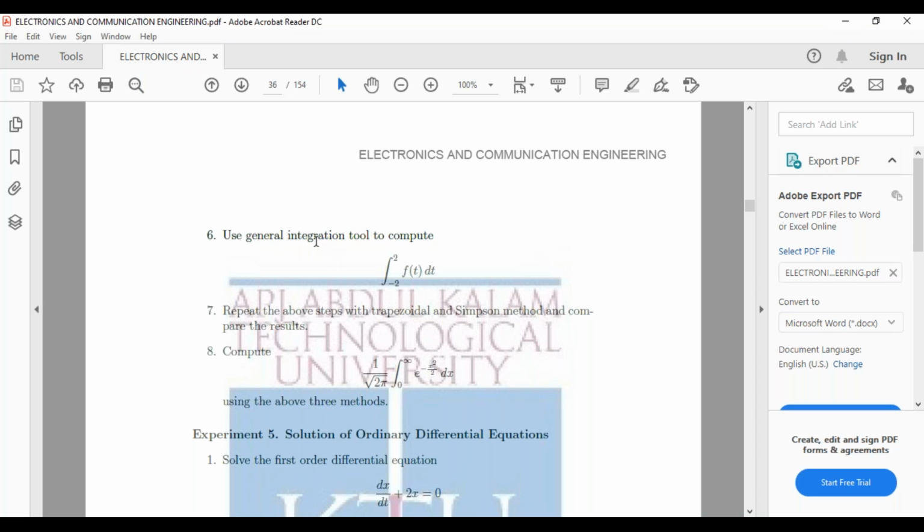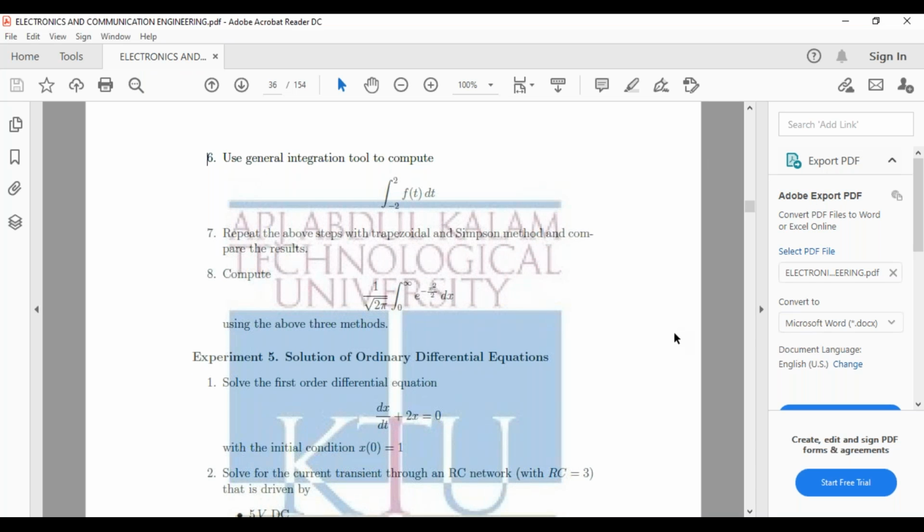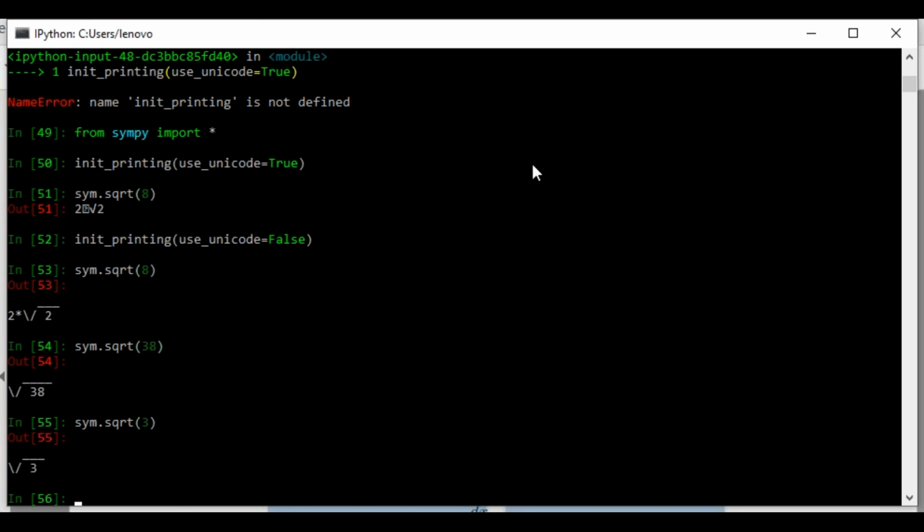Go through the syllabus. I will explain all the terms and functions we are making use of in order to solve this. Okay, we can move to IPython itself.